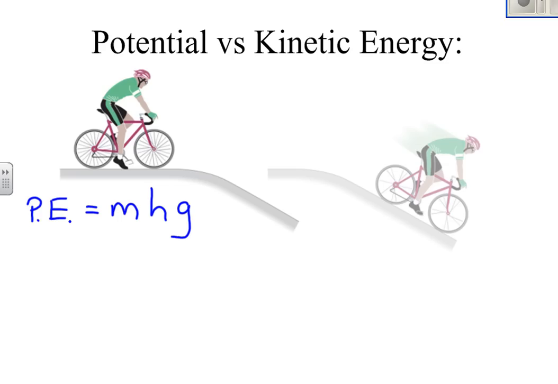In terms of charged particles, the potential is based on the difference in charge between the two particles that are either attracting or repelling. So the electric potential energy is equal to a constant, K, times the charge on the first object, times the charge on the second object, divided by the distance between them.